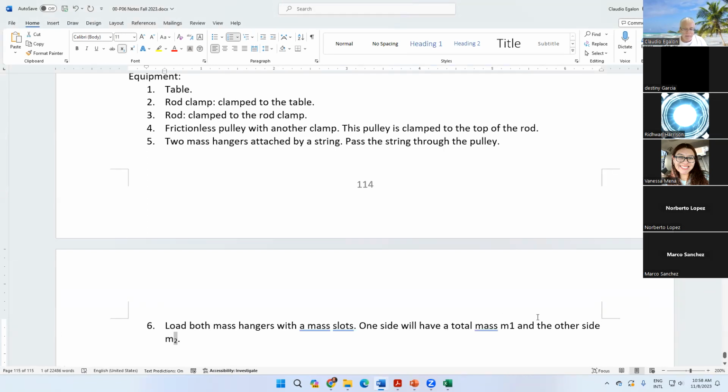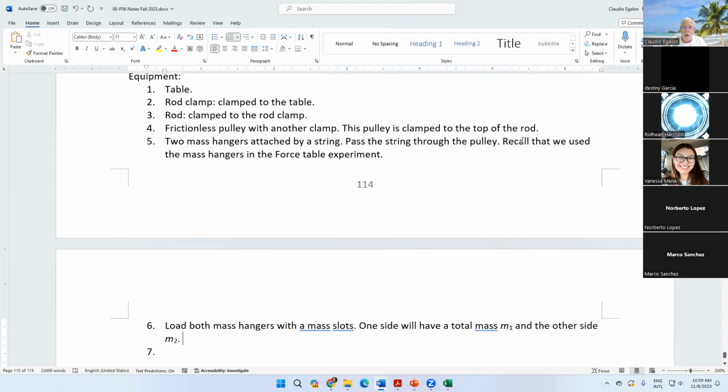We used those mass hangers before. Not only did we use the mass hangers, but we also used the slotted masses before in the force table experiment.